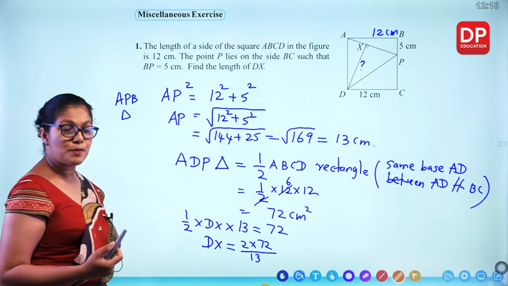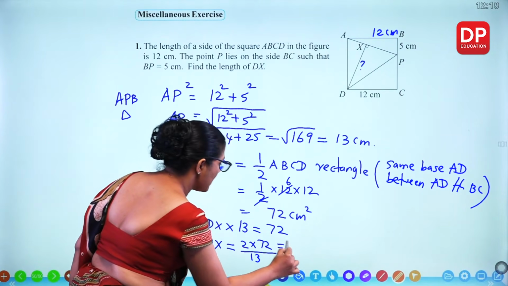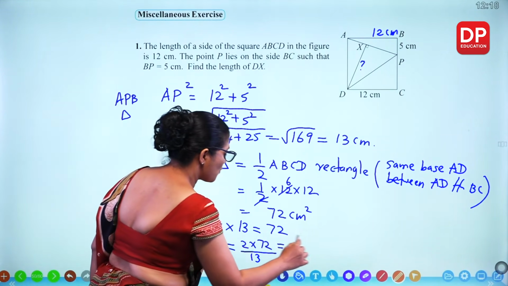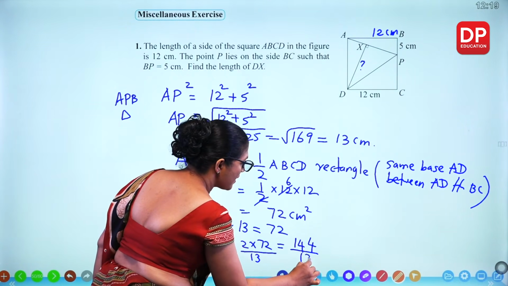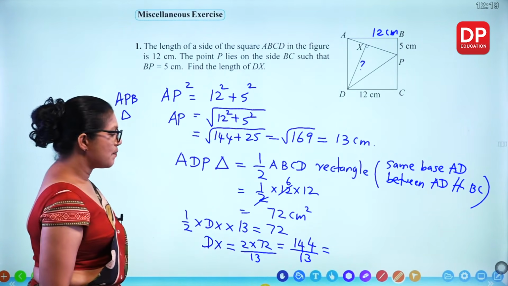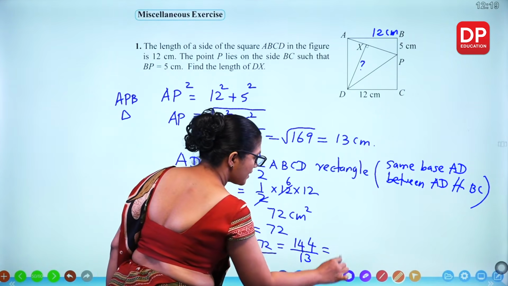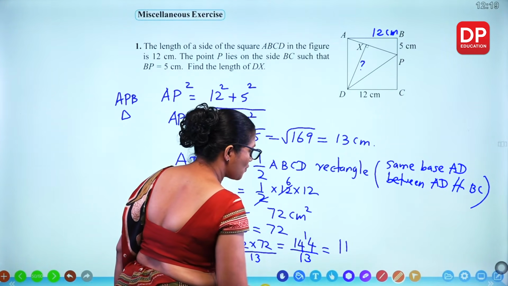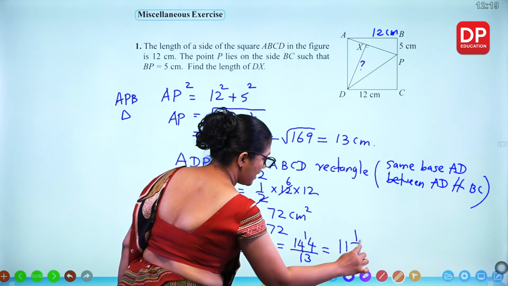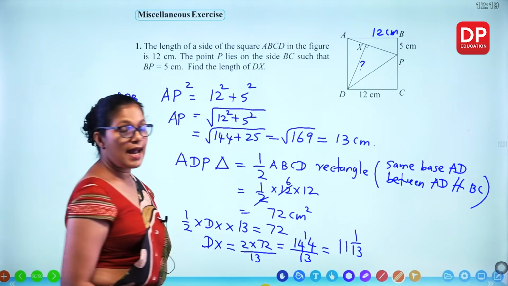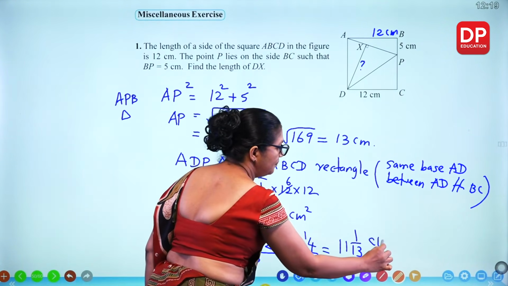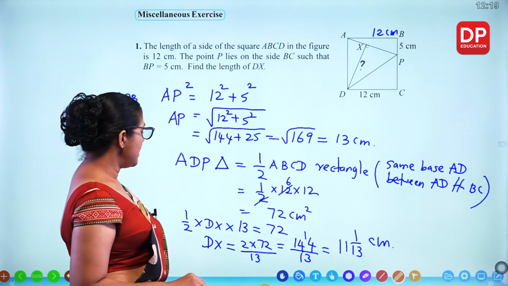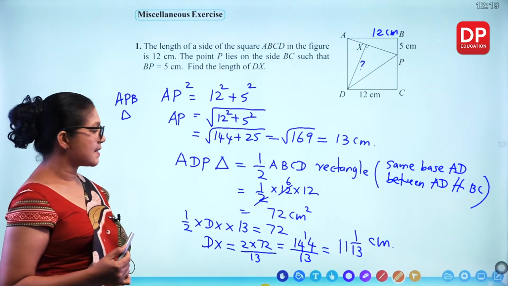This one is not divisible by 13. So what's the answer? We can simplify. 2 times 2, 4. 2 times 7, 14. Divide by 13. When you divide, you get 13 times 11, 143, and 1 remaining. 11 and 1 over 13 centimeters for the length DX.